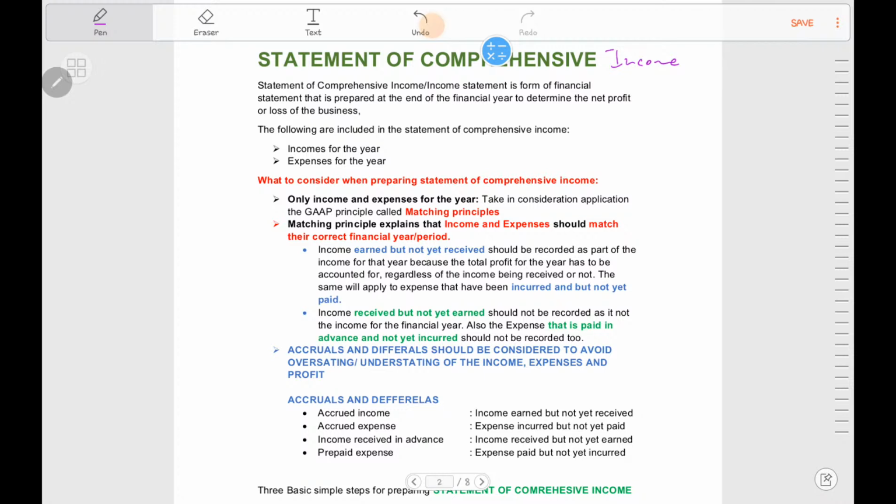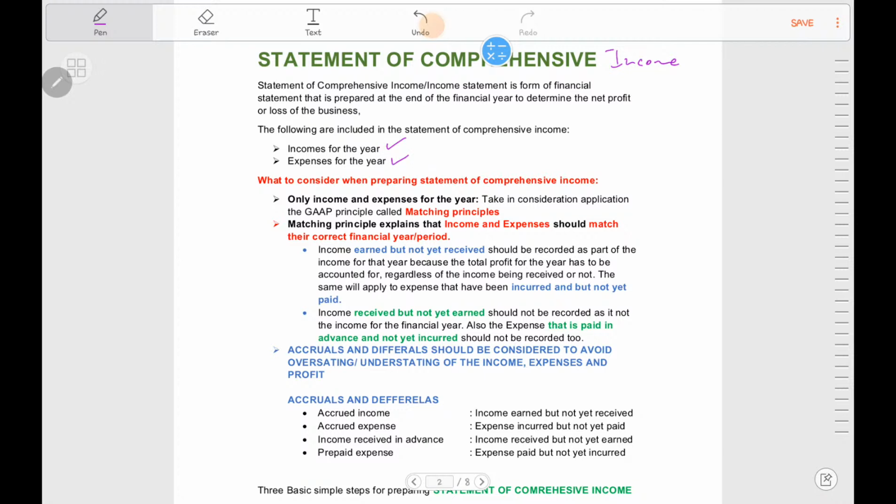Then there are going to be certain things that will form part of the statement of comprehensive income. Now, in the statement of comprehensive income, you have to be careful, learners. We only want the incomes and the expenses for the year.